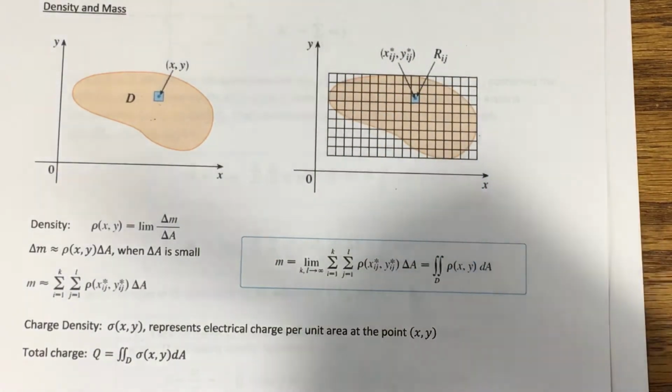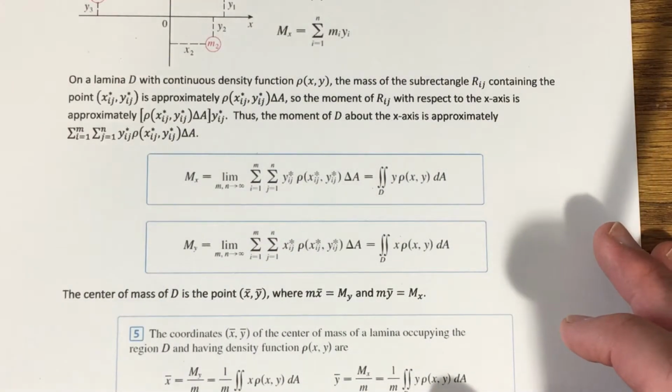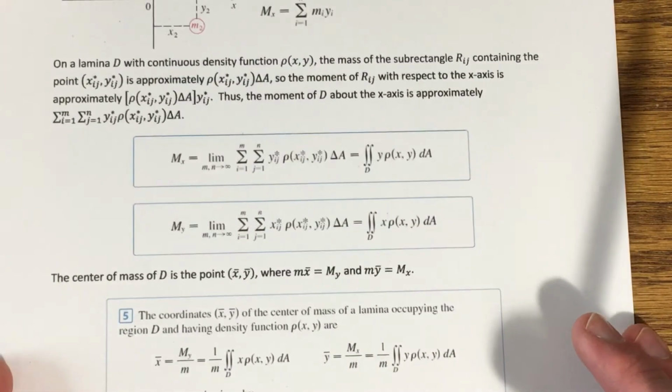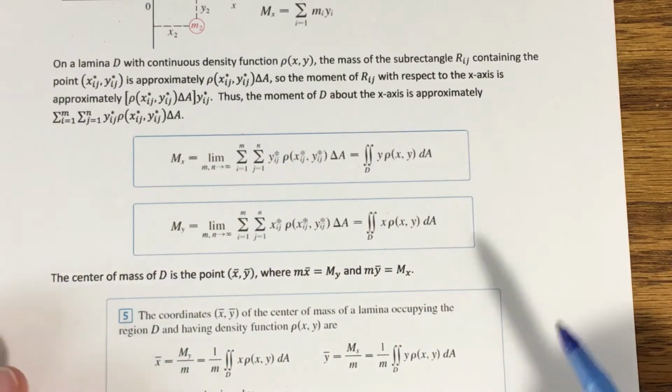We showed before that we can approximate the mass of any one of those points by using a small subrectangle containing it.